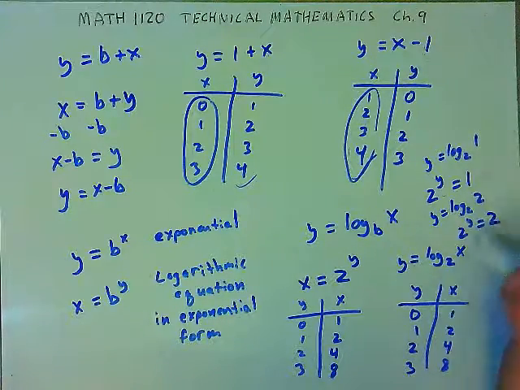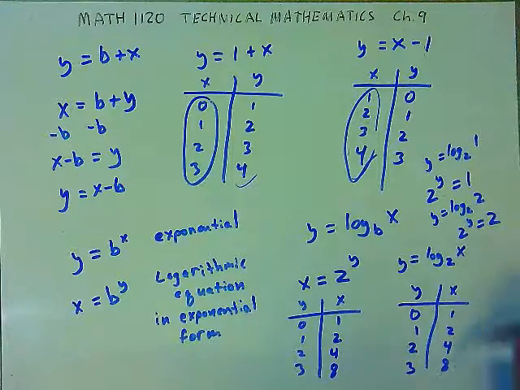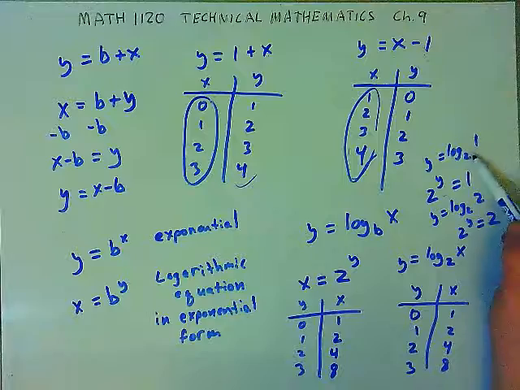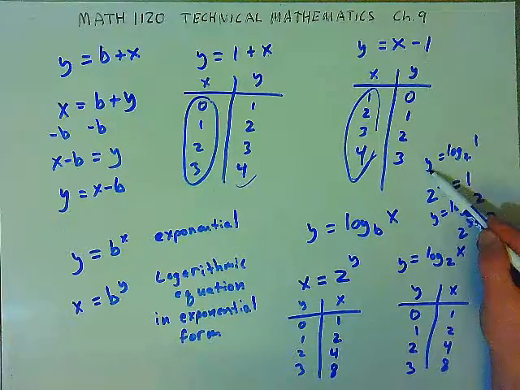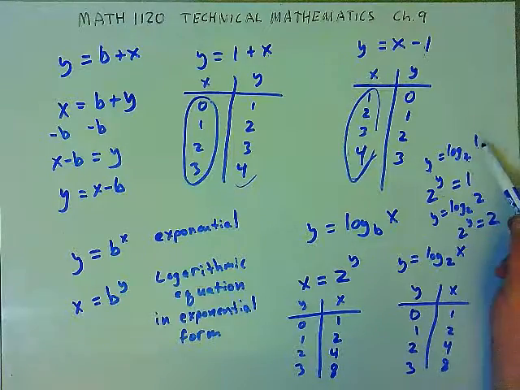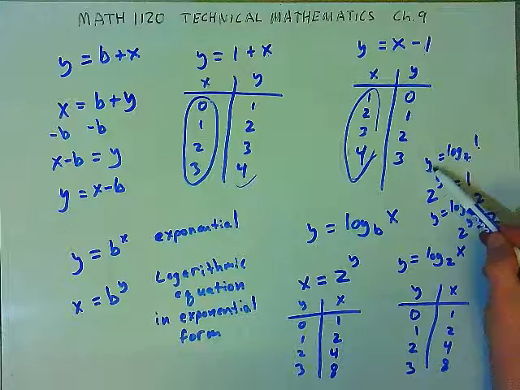And so the logarithmic function allows us to plug in values for x and determine what y is. When we see the logarithmic function, we're asking 2 to some power is equal to this number. This is the base, this is the argument of the logarithm, or the power, and y is the exponent.